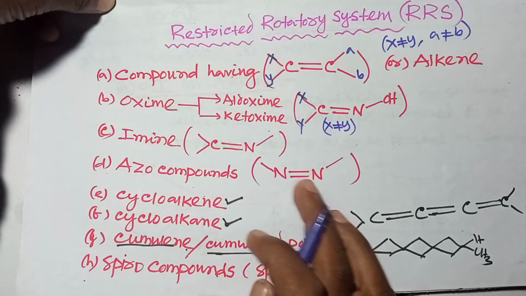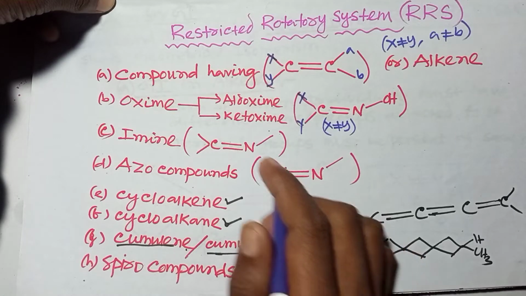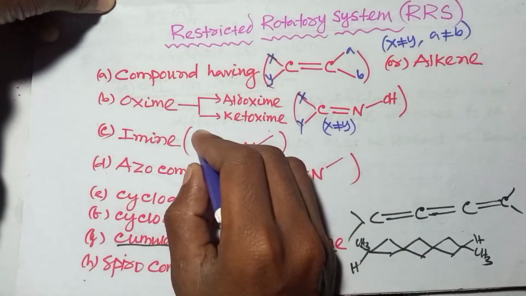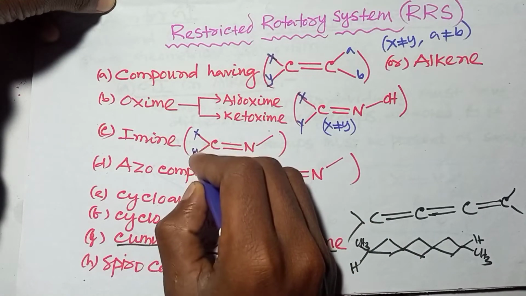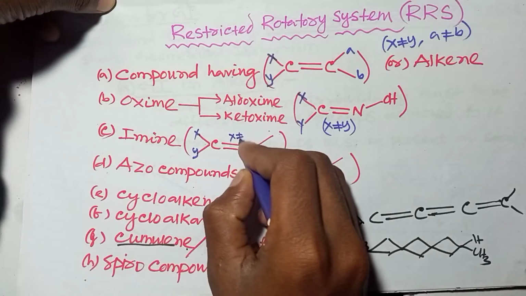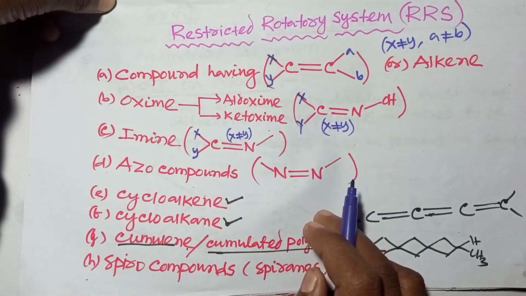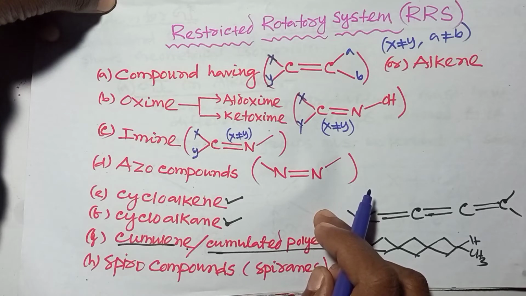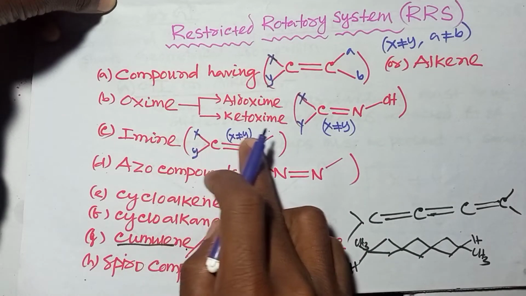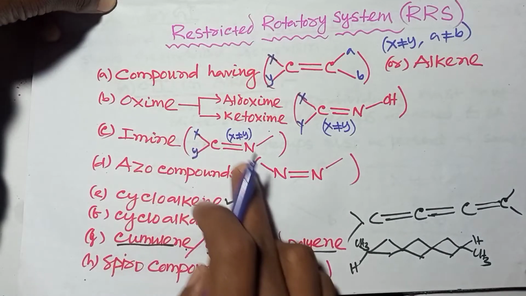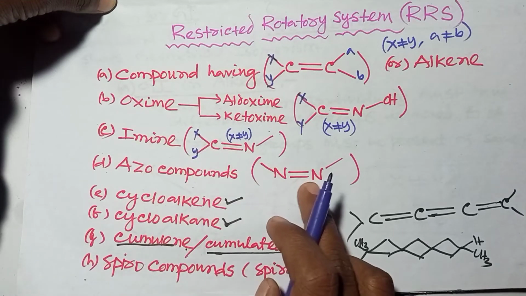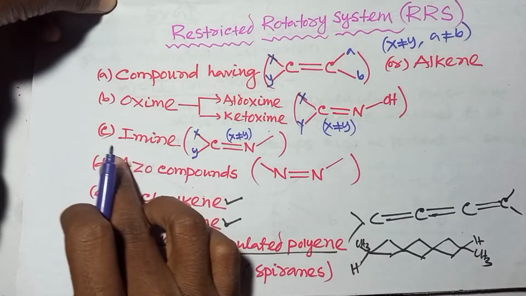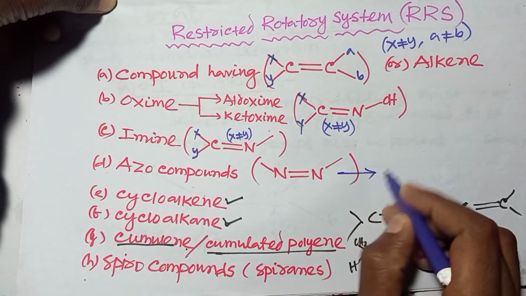This compound shows geometrical isomerism when these two groups are different. Again X should not be equal to Y. So whenever you see this kind of system and these two groups are different, then this system will show geometrical isomerism. And azo compounds always show geometrical isomerism.